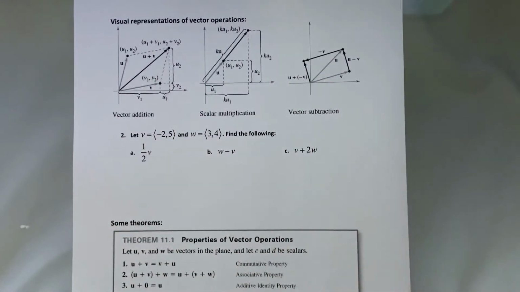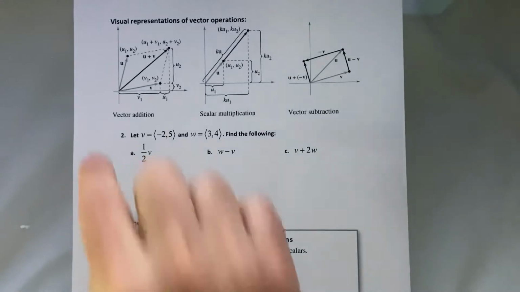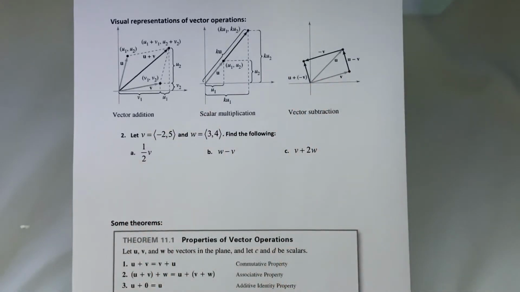And here's a visual representation of what you can do, adding two vectors together by putting one at the end, starting at the end point of the other one. Now doubling or subtracting. So v is the vector (-2, 5) and w is the vector (3, 4). Find the following.